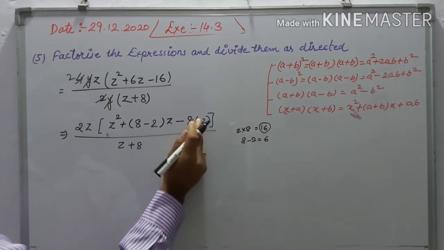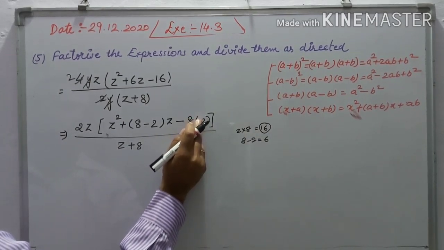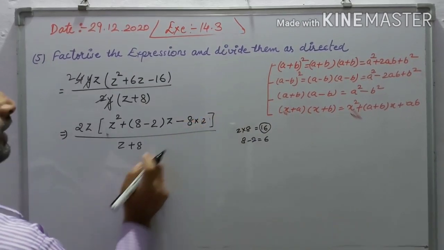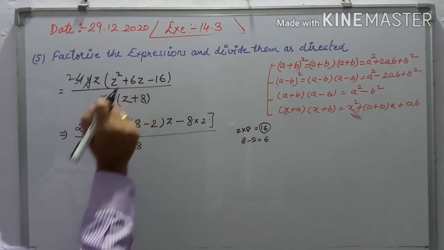Not only plus 8 into 16; put the multiplication sign, 8 into 16, and 8 minus 2 is equal to 6.